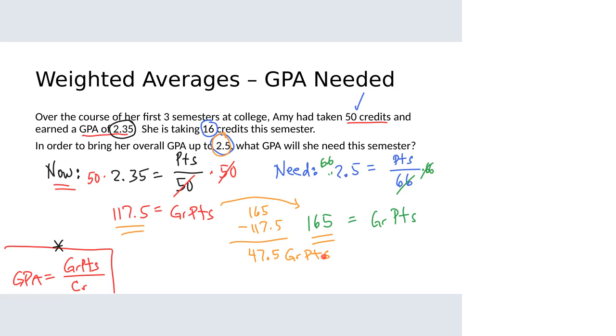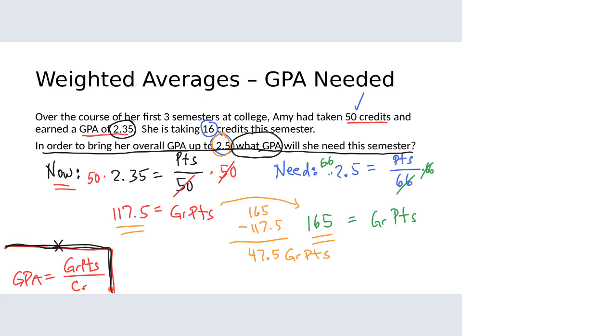One more thing we've got to do here that we didn't have to do in the problems we looked at last week, because it says here, in order to bring her GPA up to 2.5, what GPA will she need this semester? So we have to find the GPA she'll need this semester. Let's see, right back here to this formula again.